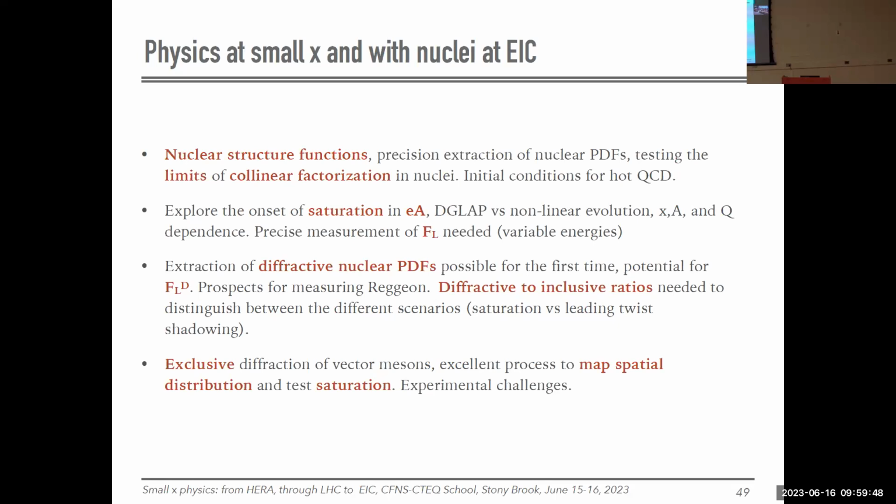Now, if you have some profile in impact parameter, which is also related to unitarity, let's say it is a Gaussian distribution.